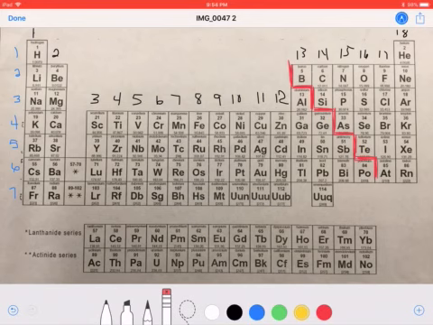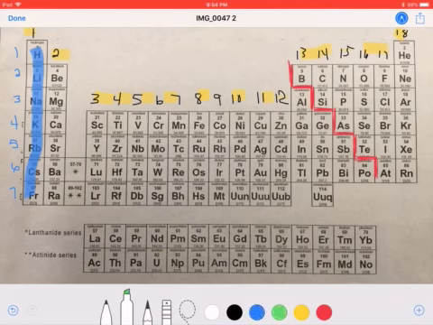Moving on to different groups of elements within each of those categories. You guys can see that I have all of the groups numbered on the tops of each of the columns over here. Group number 1 is actually the alkali metals.